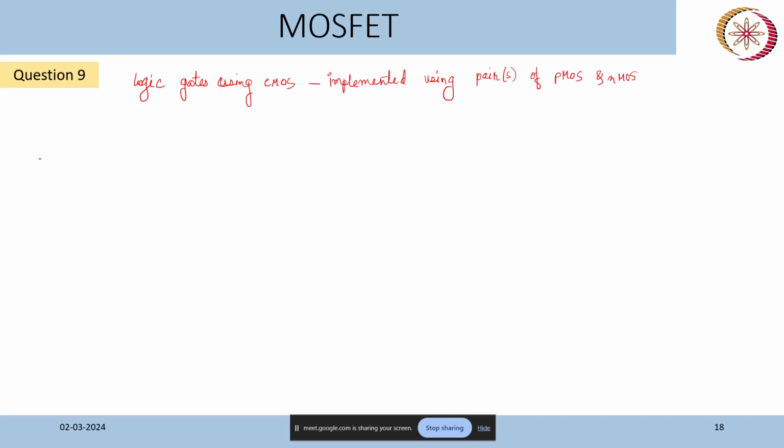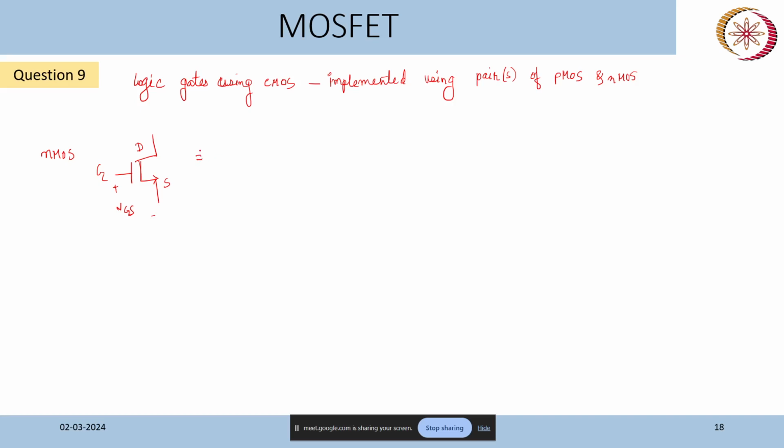Okay, so how does NMOS behave? This is the circuit symbol for NMOS: gate, drain and source. This is VGS, and based on the gate voltage VGS, whether this transistor is on or off is determined.